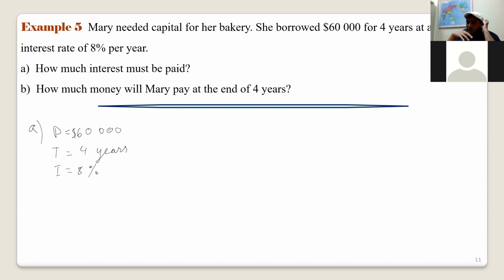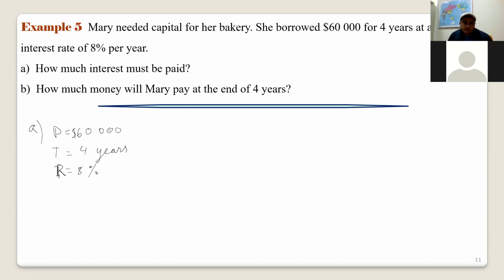So we have to find I, right? I equals... no, that is R, right? Rate. The rate is 8%. Good.